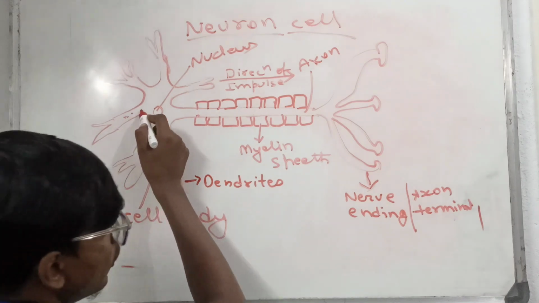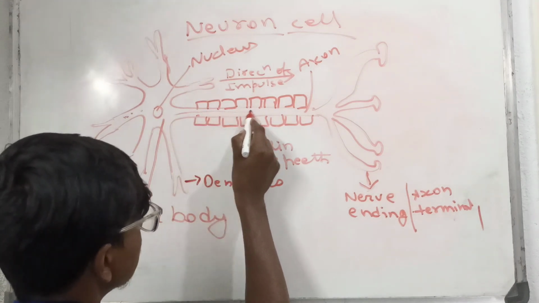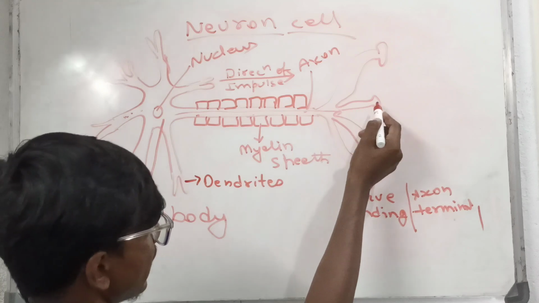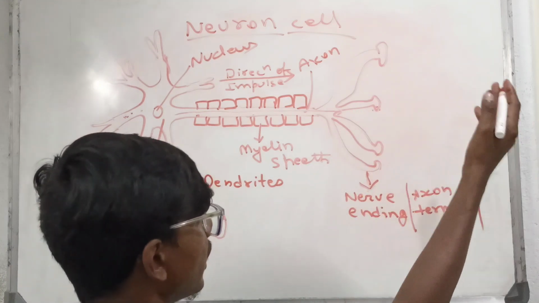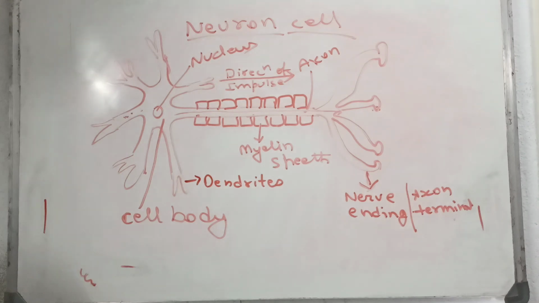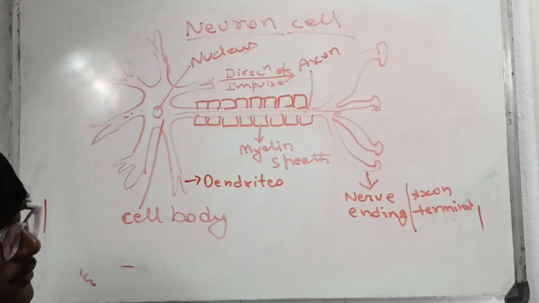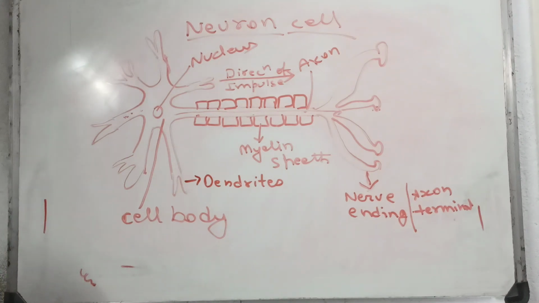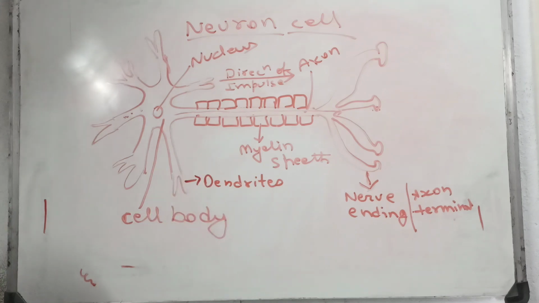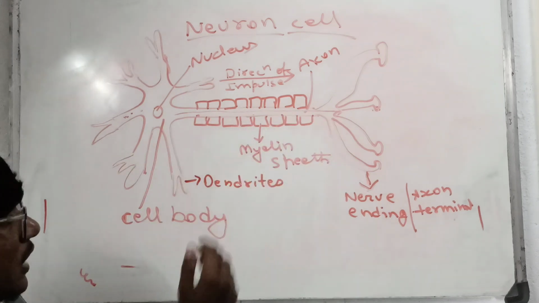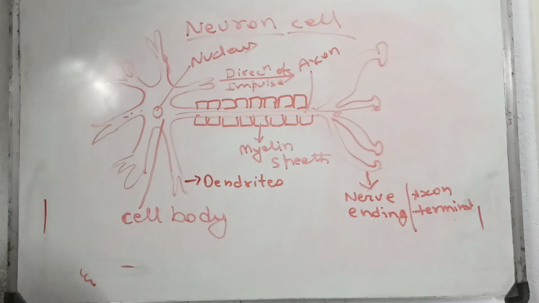From this cell body it will flow through the axon and it will reach the axon terminal. Then this axon terminal will pass to the other neuron cell. I am just explaining the direction of the information, from which to which direction it will get carried.